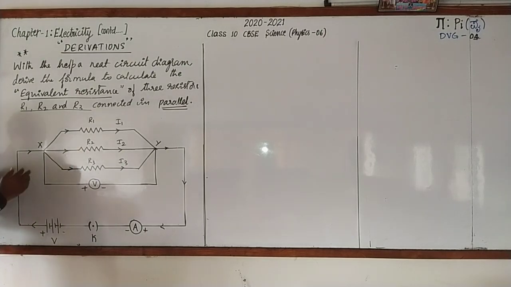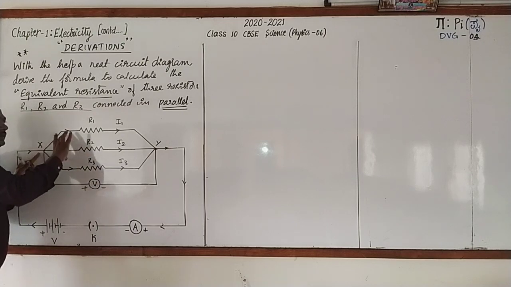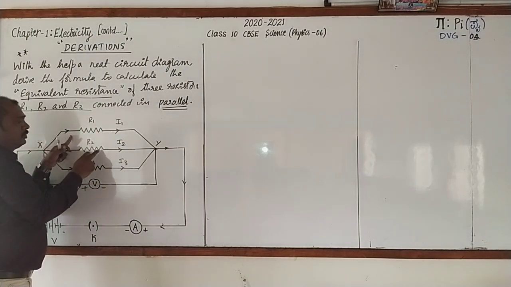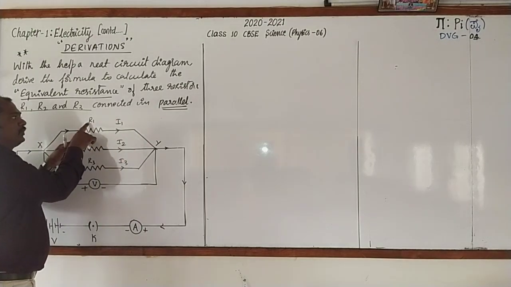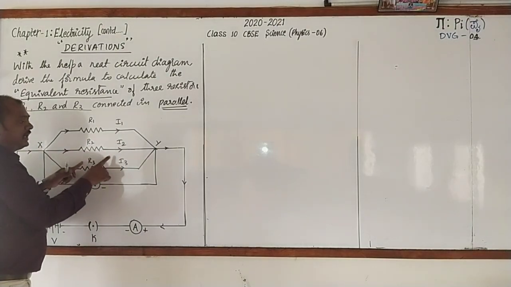And another point, we have already learned that, just I am reminding you, when the current comes to the point X, here it gets divided. And this divided current will flow through these resistors R1, R2 and R3. That is, current flowing through R1 as I1, R2 as I2, R3 as I3.